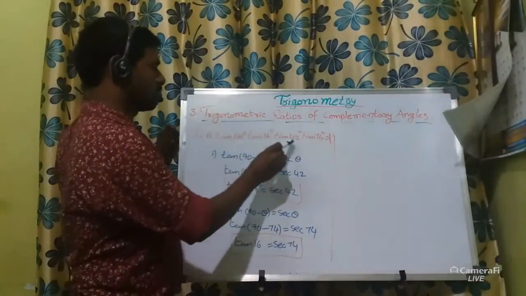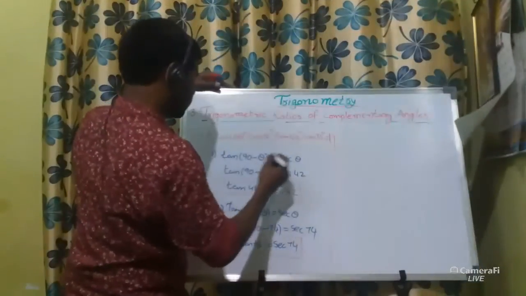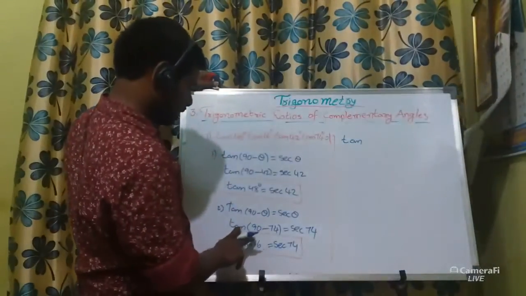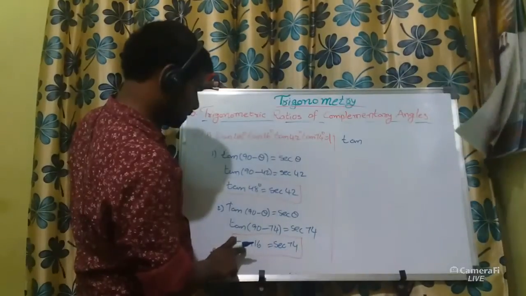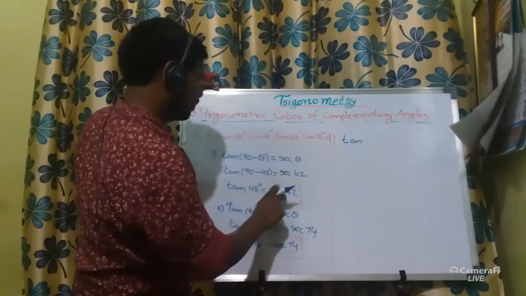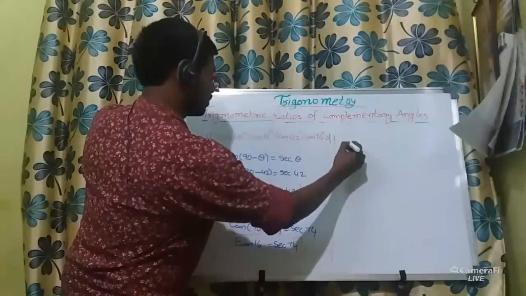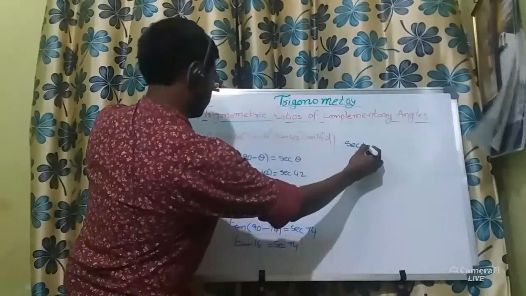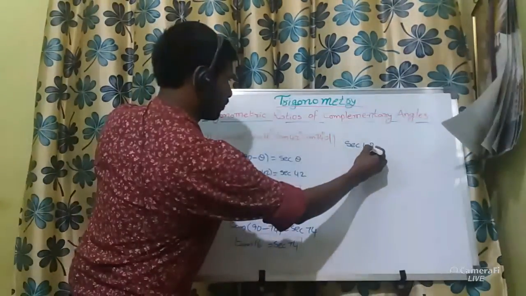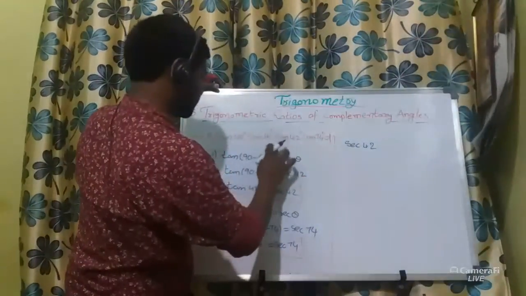instead of this value or this value you have to substitute this. We write tan 16 degrees, tan 48 degrees. Tan 48 degrees is equal to cot 42, into tan 16 degrees.